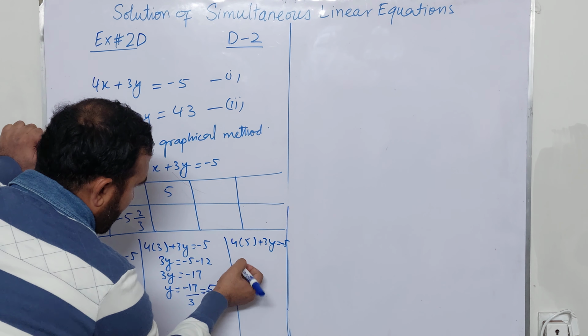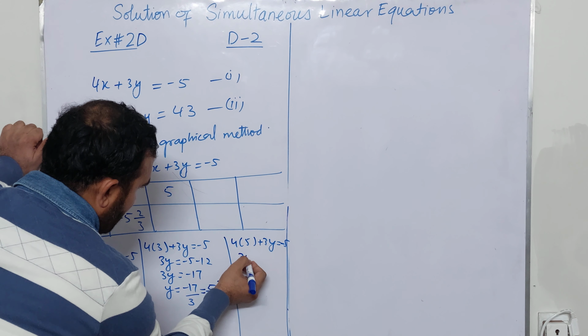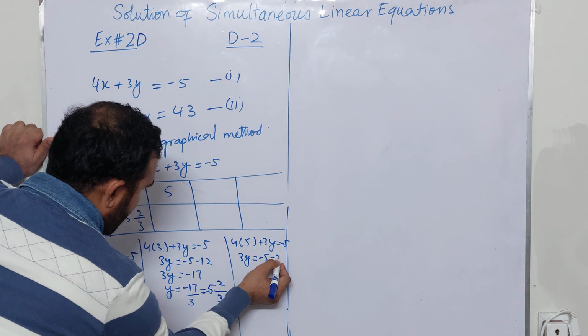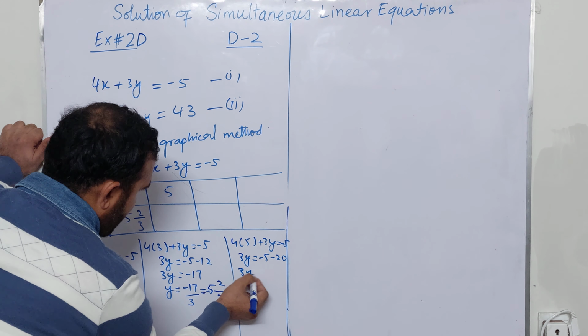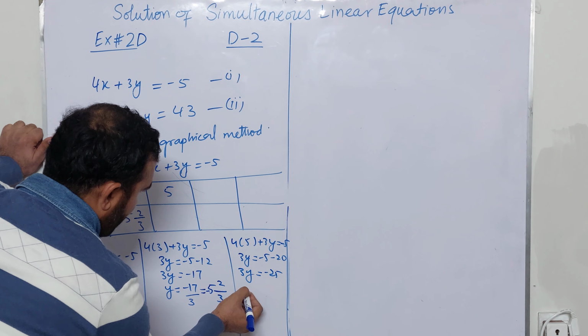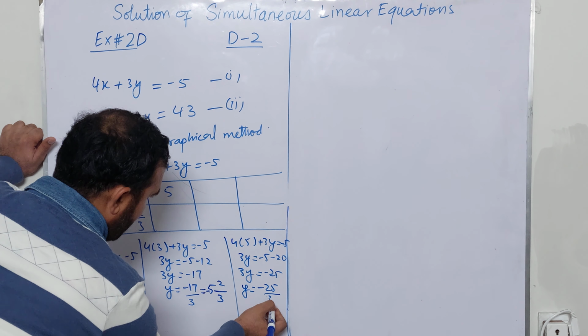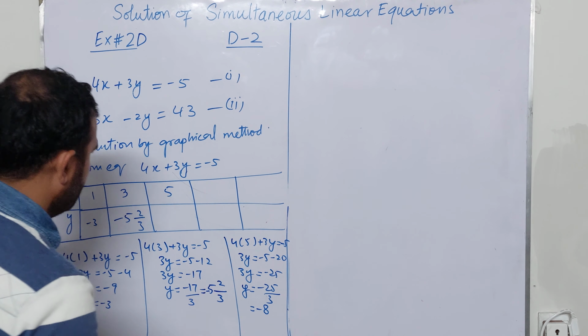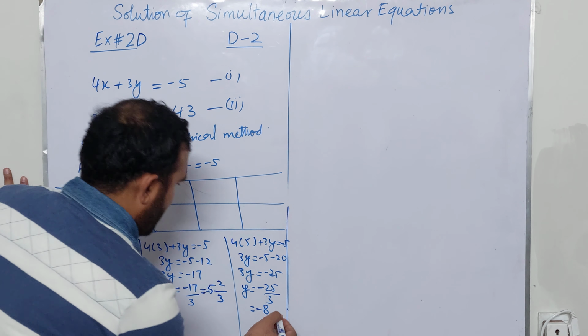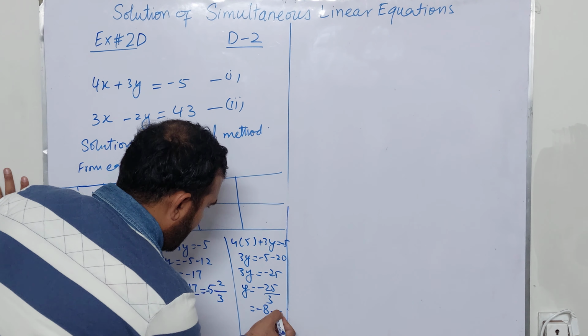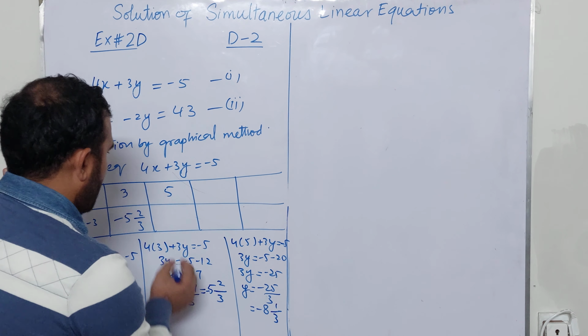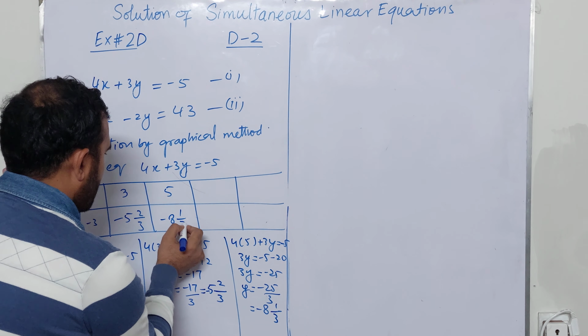So 4 5s are 20, shift this 20 to the other side, so 3y is equal to minus 5 minus 20, so 3y is equal to minus 25. Divide both sides by 3, so we will get minus 25 divided by 3, which is equal to minus 8 1 by 3.